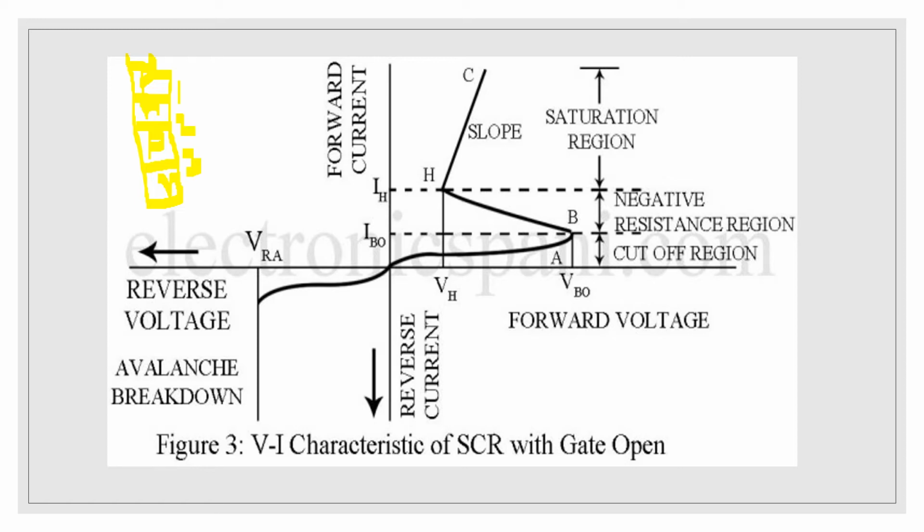current starts flowing from the anode toward the cathode, there is a small blocking current. As we can see here, a small forward blocking current is flowing. The reason is that initially the two junctions, that is the junction near the anode and near the cathode, are forward biased, and the in-between junction, junction J2, is reverse biased. So due to this the very small value of current flows.